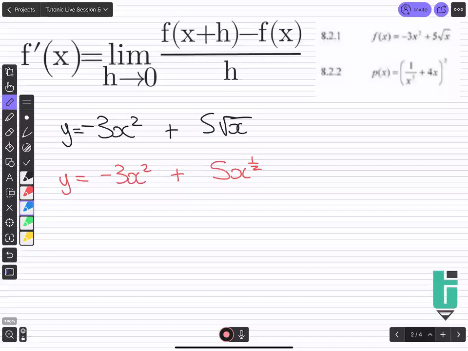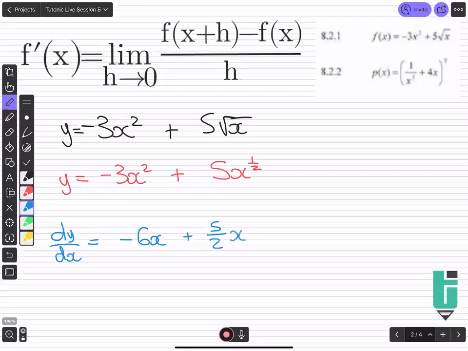Who wants to do the derivative? Nafisa, you want to do the derivative? Negative 6x plus 5 over 2x.